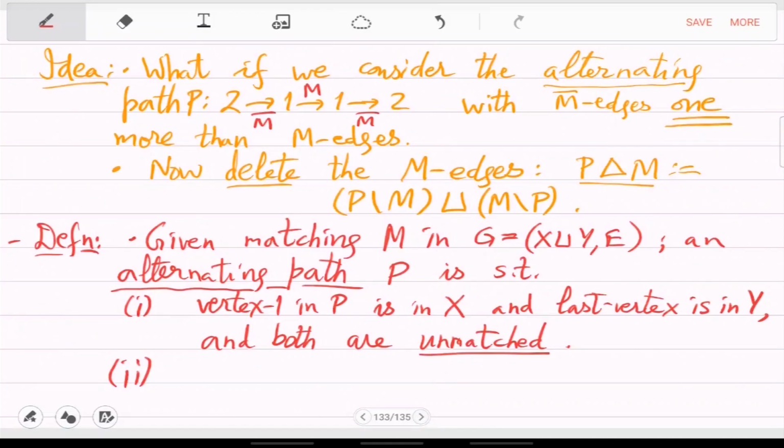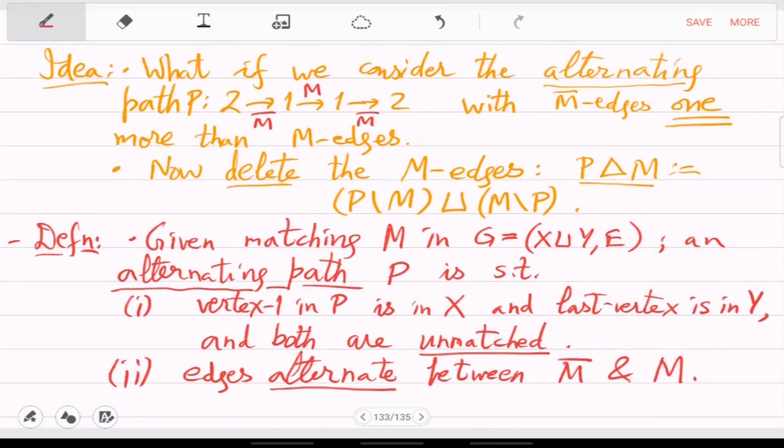And the second property is edges alternate between M complement and M. Obviously, since the first vertex is unmatched, the first edge will be M complement, then next will be M, third will be M complement, and so on.